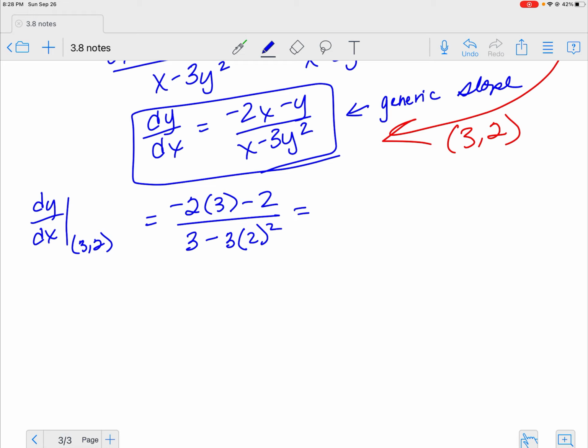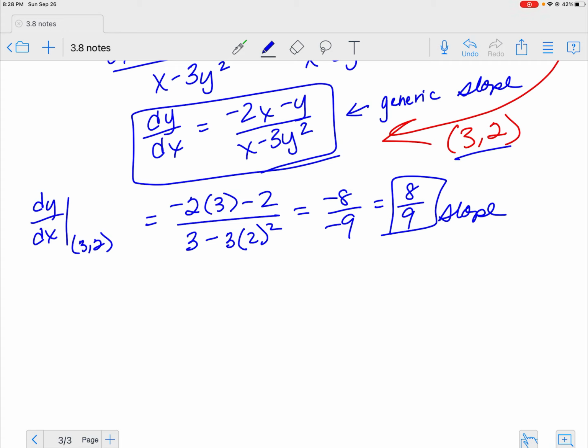Do you see that? So I've got negative 6 minus 2, which is negative 8. In the denominator, 3 minus, and this is 4 times 3, so that's 12. So 3 minus 12 is negative 9. A negative divided by a negative is a positive 8/9 for my slope.